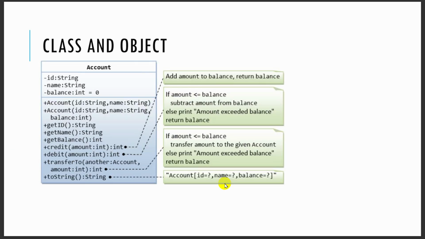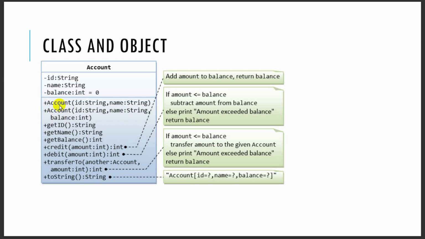And here are some more examples about the class diagram for representing the class Account. We have three private variables: ID, name, and balance. And we have two constructors. The first one takes two parameters, while the second one takes three parameters. Just to remark here, once you create your own constructor, there is no more default constructor with empty parameters, right?